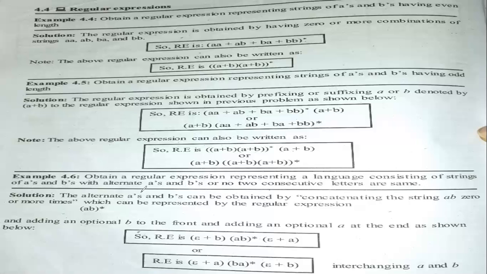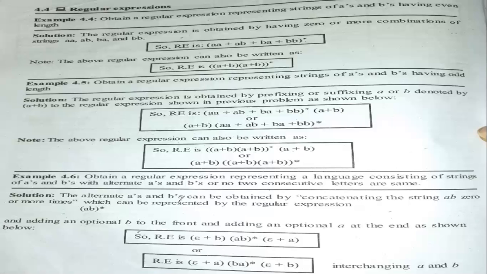The alternate A's and B's can be obtained by concatenating the string AB 0 or more times, which can be represented by the regular expression (AB)*. Now we'll see how we can utilize this (AB)* by adding an optional B to the front and an optional A at the end, as shown below.